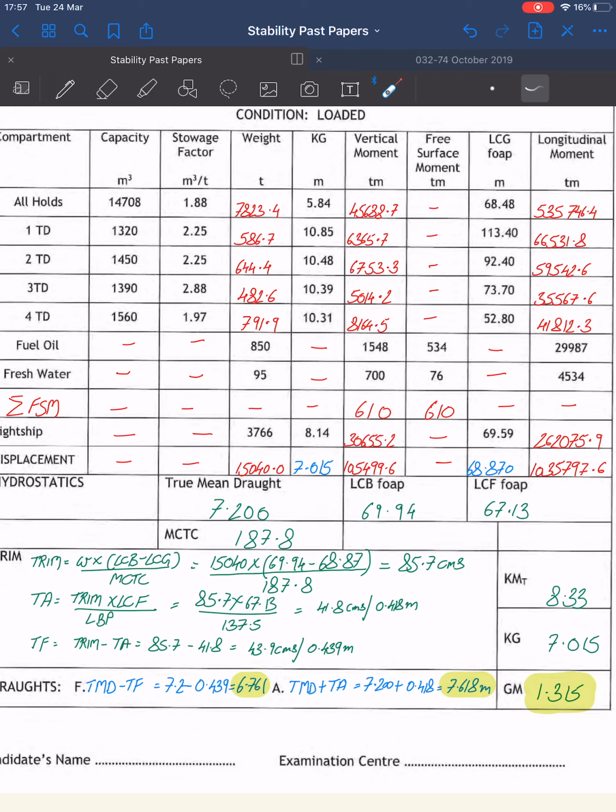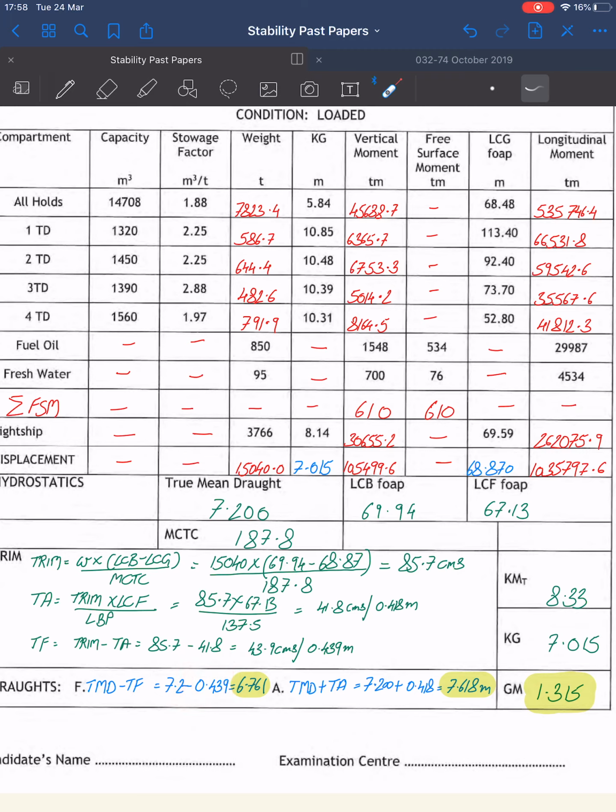As I showed you in the diagram, if the LCB is greater than LCG, it becomes evident that the vessel is trimmed by stern. So draft forward would be less than draft aft, and the trim forward has to be subtracted from true mean draft.